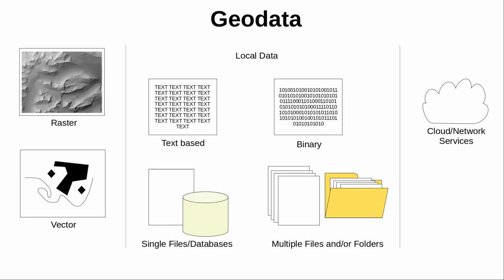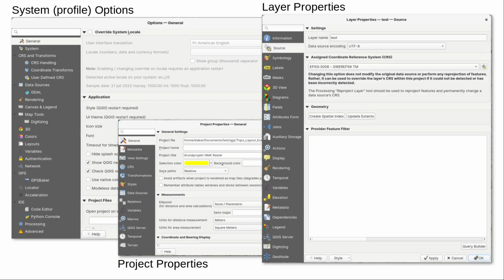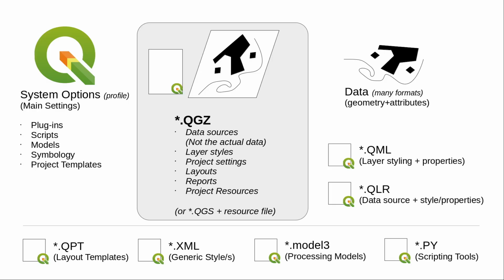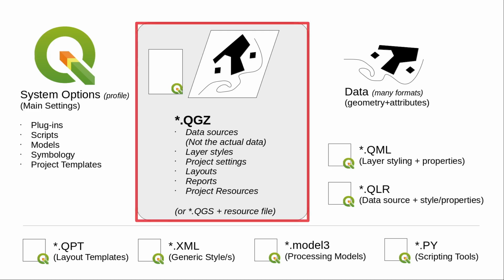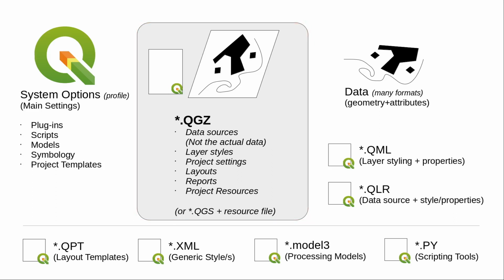Let's go back to the presentation. So, to sum things up, QGIS is project-centric. Everything revolves around this QGZ file. It can be a standalone file or included inside a file like GeoPackage.